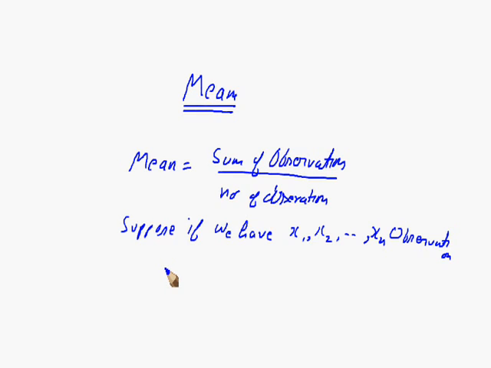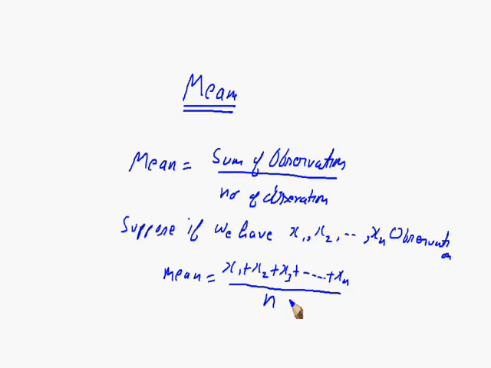So we can define mean as x1 plus x2 plus x3 up to xn, that is the sum of observations, divided by the number of observations, that is n. So mean is defined as the sum of observations divided by the number of observations.